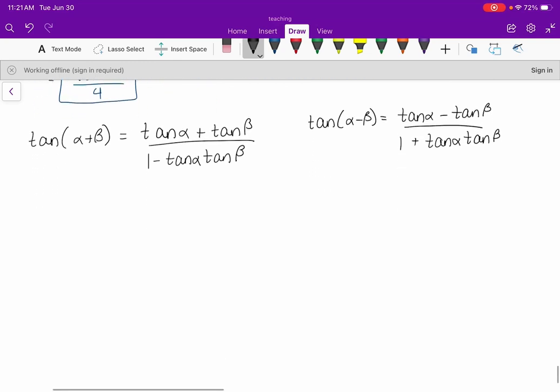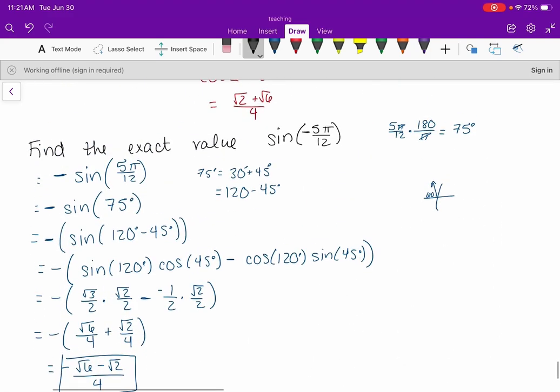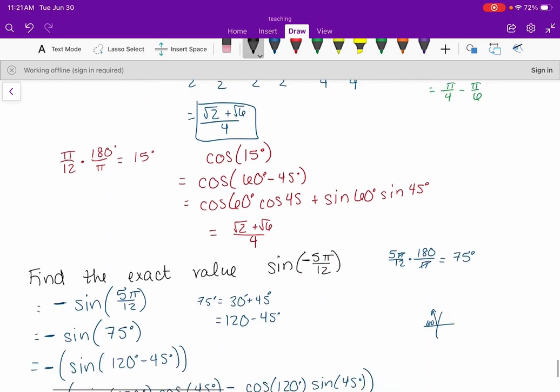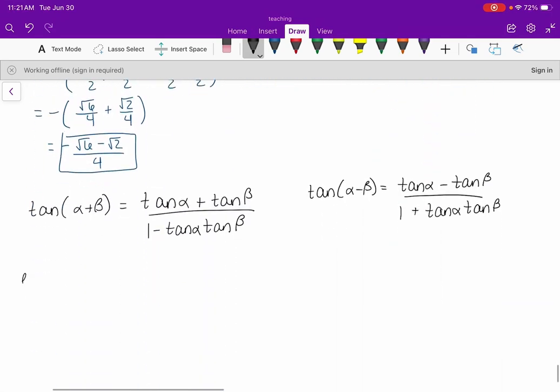My preference when it comes to doing tangent is not usually to use one of the difference identities, and it's just because I personally, so this is my official example 4, I personally actually like the half angle identity to use for tangent, like exact value type problems.